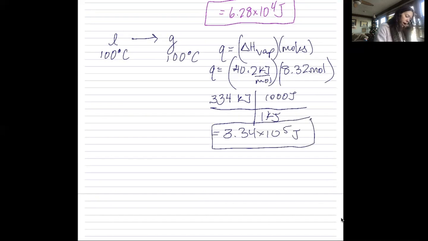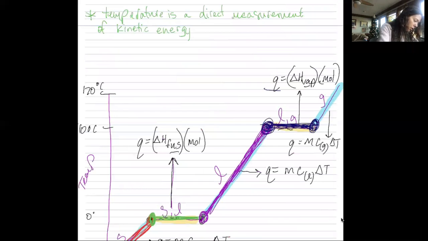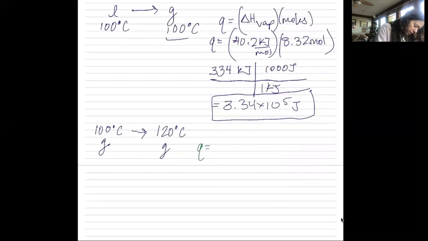Okay, we are now at 100 degrees, but we need to be at 120 degrees. So we're going to take our 100 degrees Celsius gas and take it to 120 degrees Celsius, and it will still be a gas. So we are now right here in our curve. We're going to go from here to here. So Q is equal to MC delta T. Q is equal to the mass of our steam, which stays constant, times the specific heat of our steam, times the change in temperature here, which is 20 degrees Celsius.